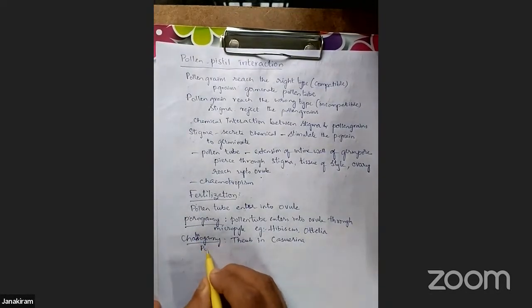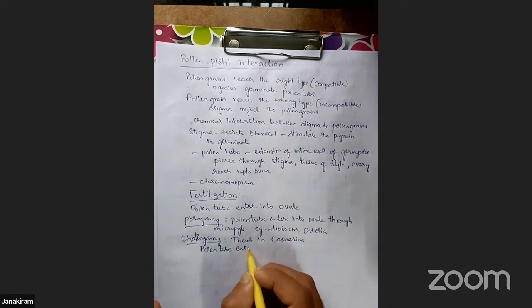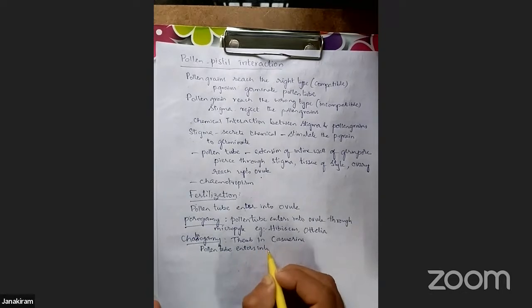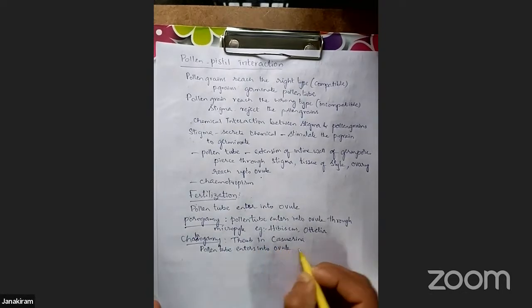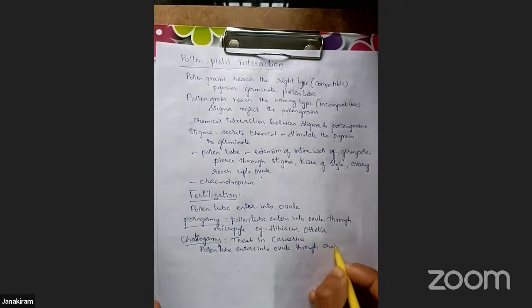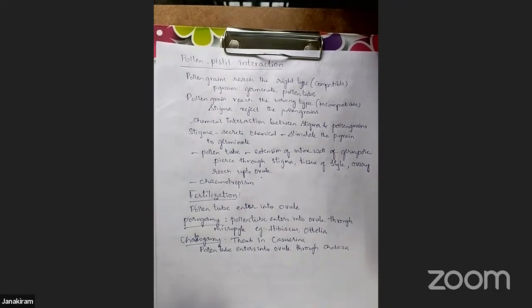Here, the pollen tube enters the ovule through the chalaza. That is from the posterior side.